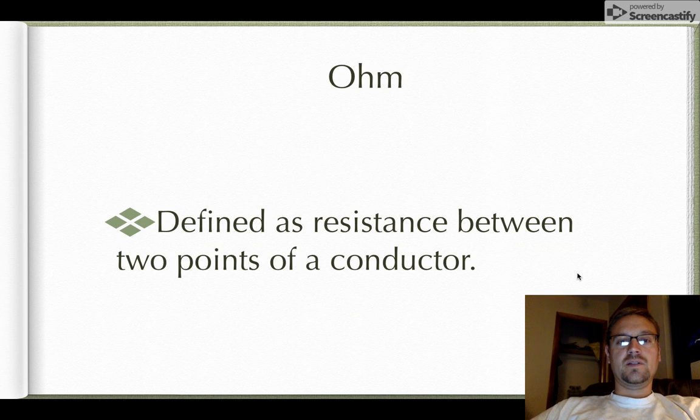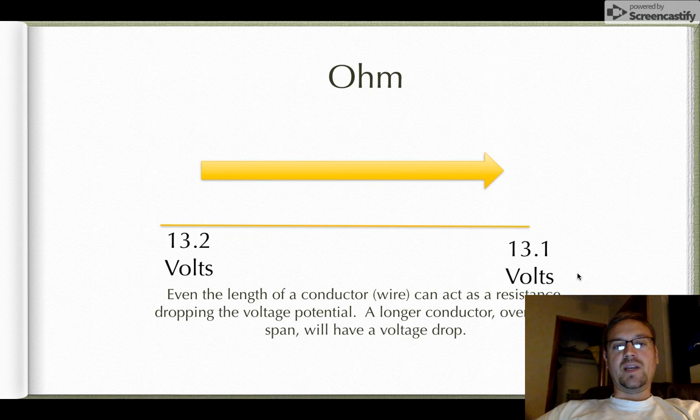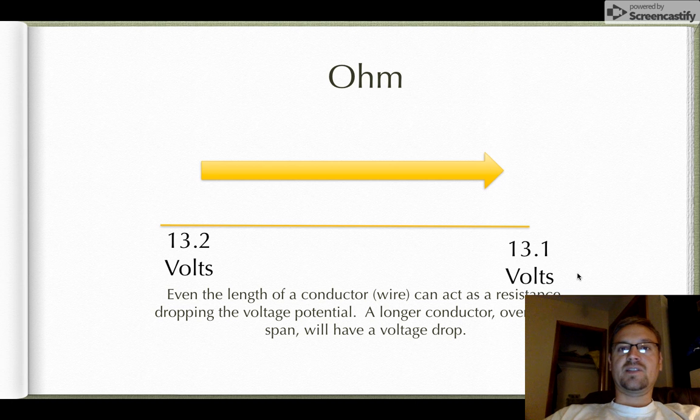An ohm is a resistance between 2 points of a conductor. If we have a wire that at one end has 13.2 volts at its input, and over a length of it, it loses 0.1 volts simply because of the size of the conductor or the length of the run.